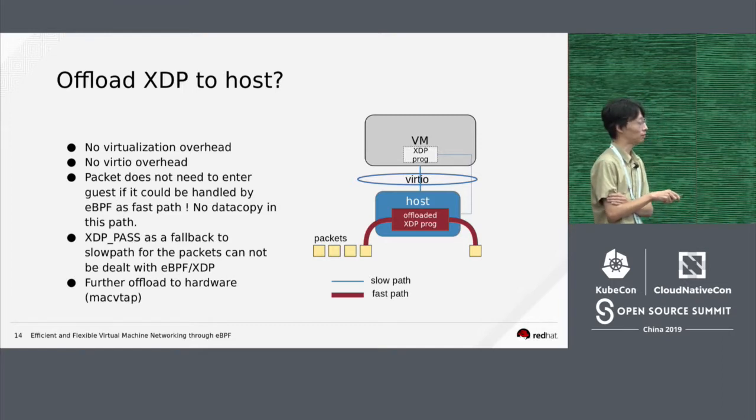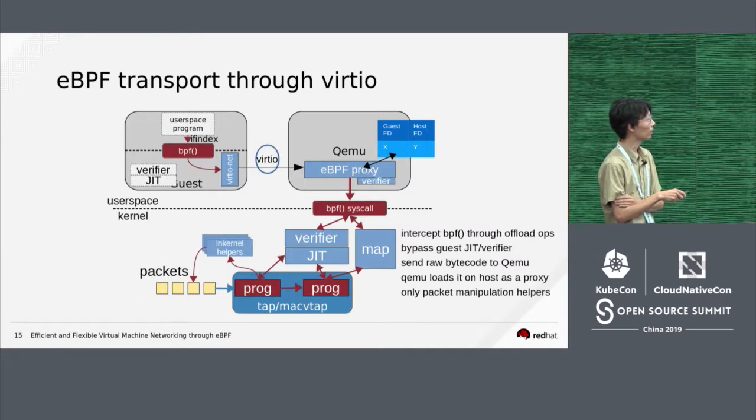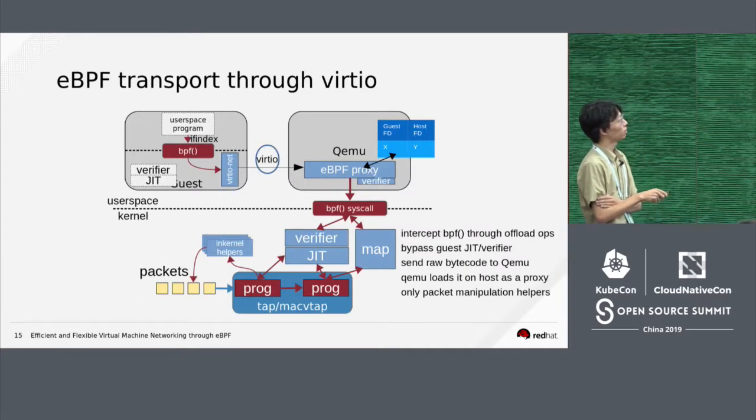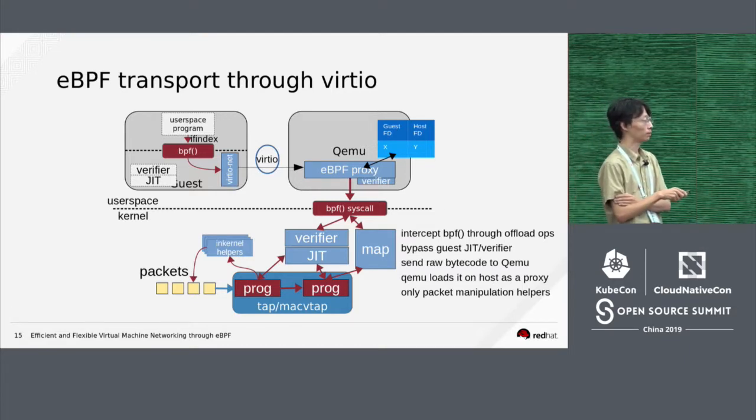For example, eBPF is a self-contained definition. It's very flexible. So on the map level, it's easy to transmit it into a host. And how can we do it?